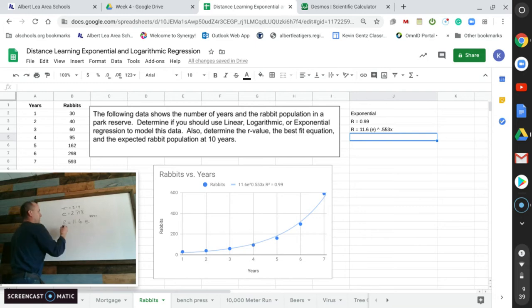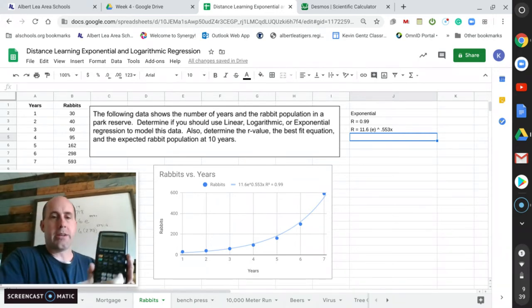And so you could just type in R is equal to 11.6 times 2.718 raised to the 0.553. And then you got to plug something in for X. And this situation says, what would be after 10 years? So that's what you want to plug into your calculator.